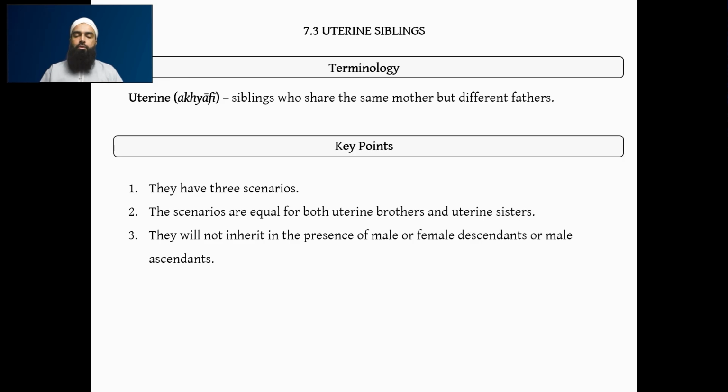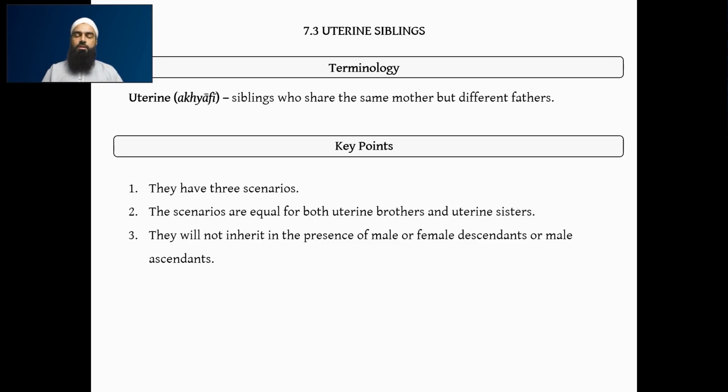They will not inherit in the presence of a male or female descendant, or a male ascendant. So male or female descendant, meaning any descendant, and only male ascendant, like father. So they won't inherit in these cases.